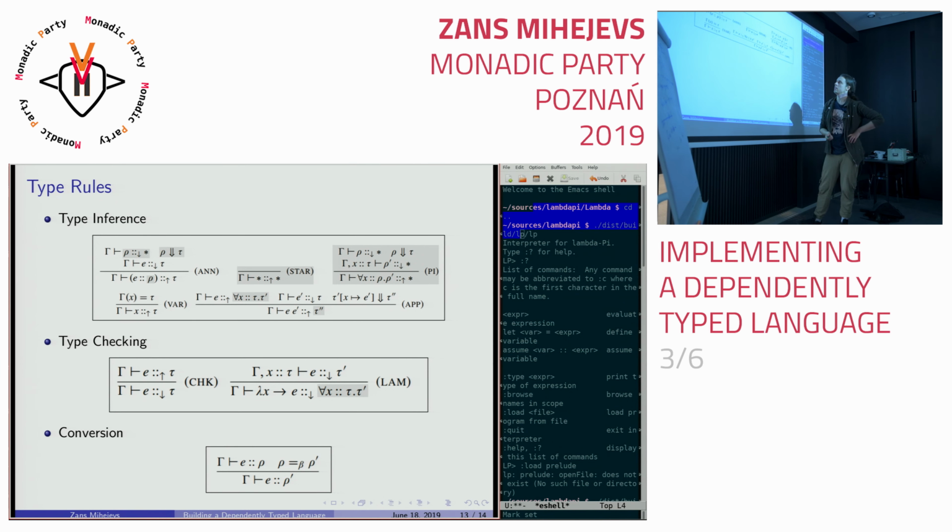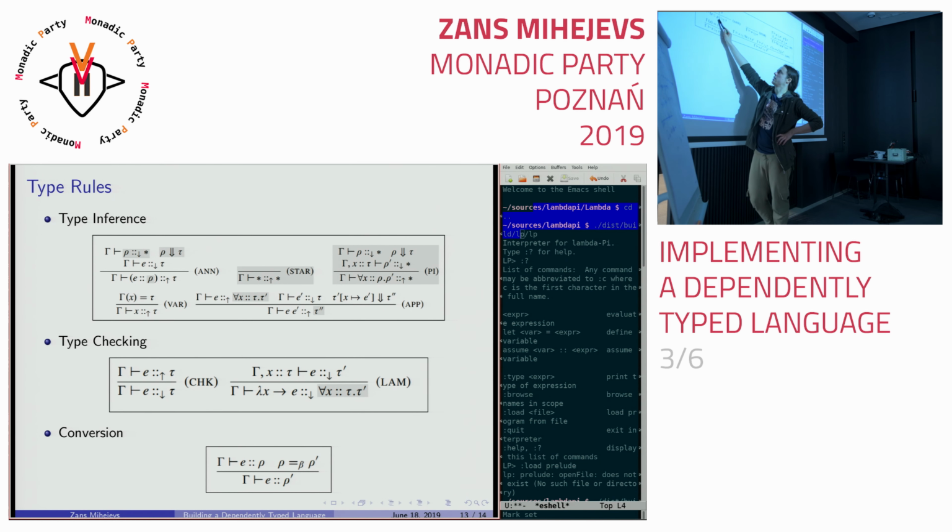So what it means is that because types can contain computation, you might supply your term with an annotation, but it might evaluate to something different, like a simplified form.